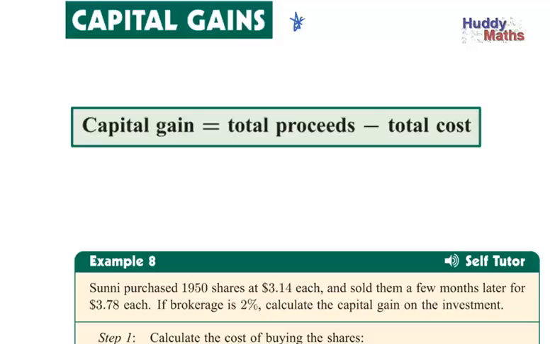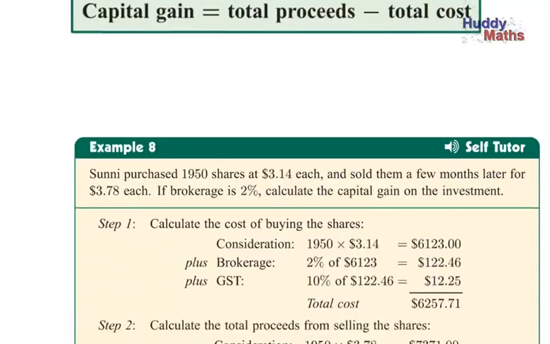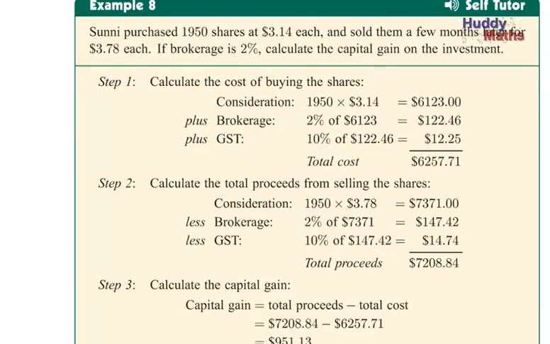Capital gains, a gain in the capital or amount of money you had. So it's the total proceeds minus the total cost. So this time you've sold for more than the break-even price, and you're going to do a calculation to see how much overall you have made, how much you have increased your capital. And later, of course, I've got the bad news for you, and the bad news is that the government will treat that as income, and they will want to take some of their income tax from that.